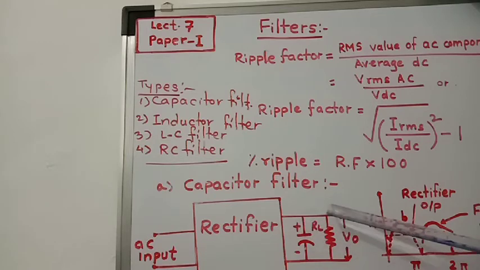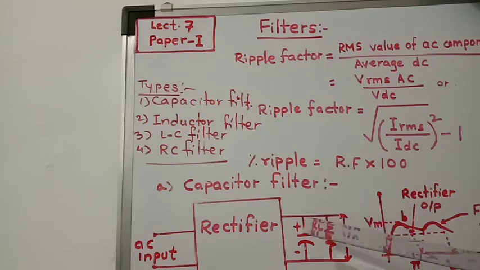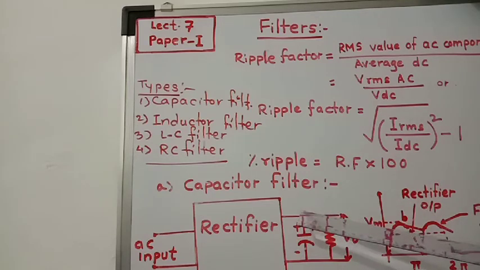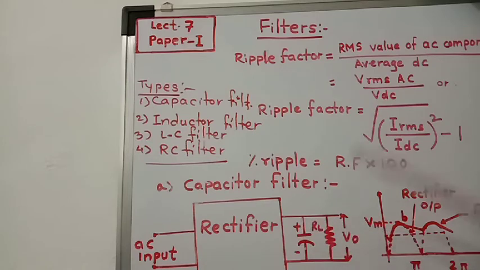So only DC current then flows through the load resistance RL, and whatever AC component is there, this AC component is bypassed to the ground by using this filter capacitor. So this capacitor passes AC and it blocks or opposes DC.